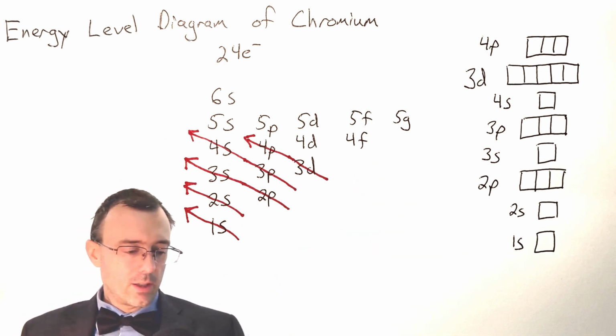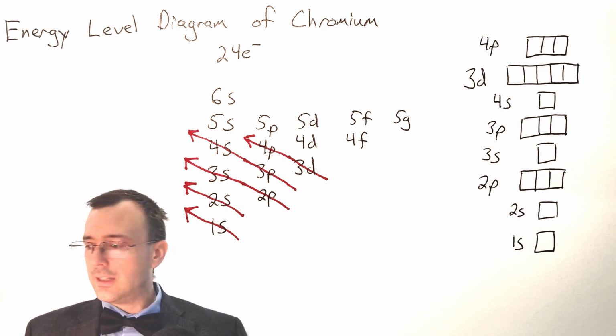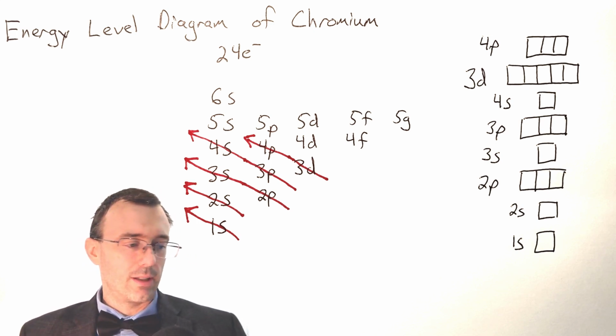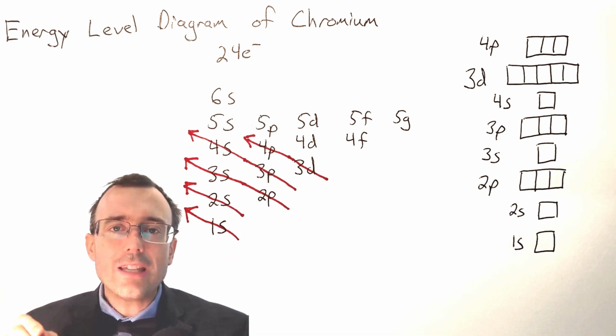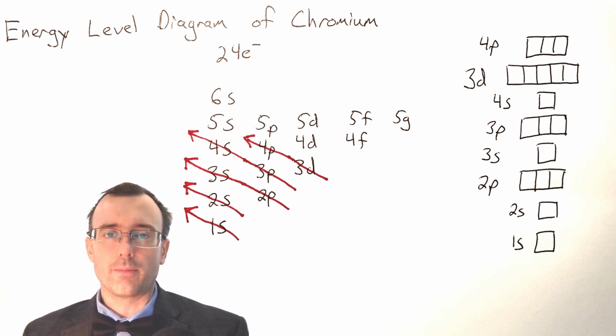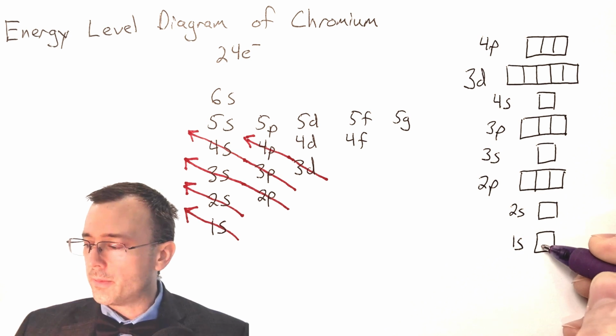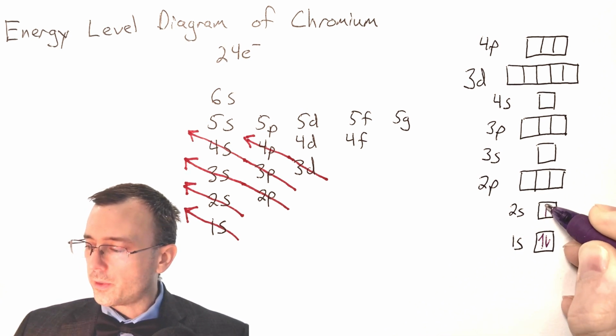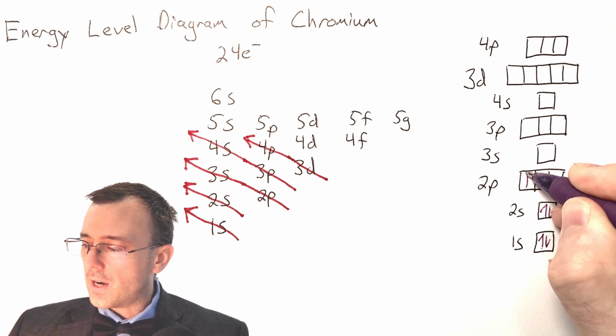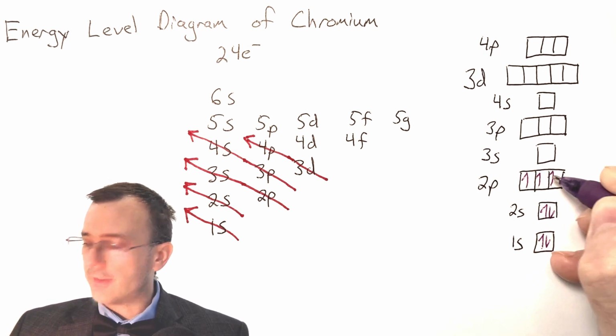All right, now let's go ahead and fill in the boxes here. Let's put in the electrons in the appropriate places. We have 24 electrons, and the way you fill this is important. So we're going to start off down the bottom, and I'm going to start off with 1, 2, 3, 4, 5, 6, 7.